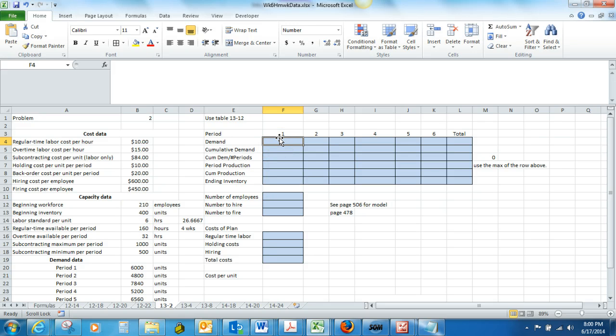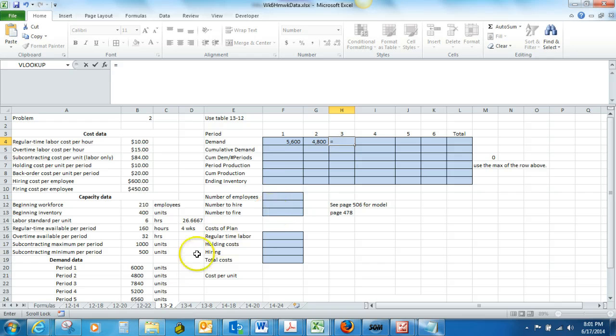So we are going to start by taking our first period of demand minus our beginning inventory, and that's going to be our first demand figure. The rest of the demand figures we're going to fill in just exactly as they are entered down here.